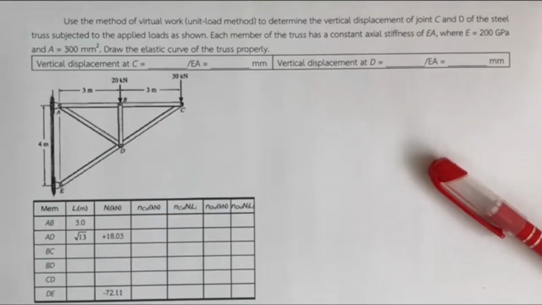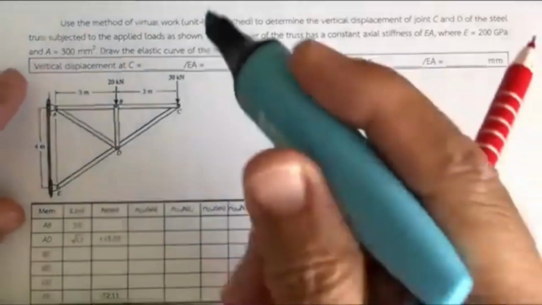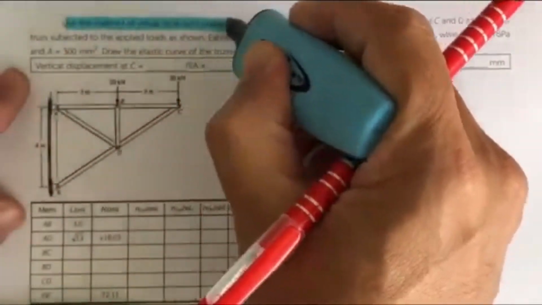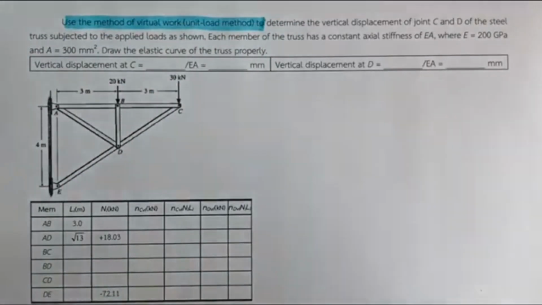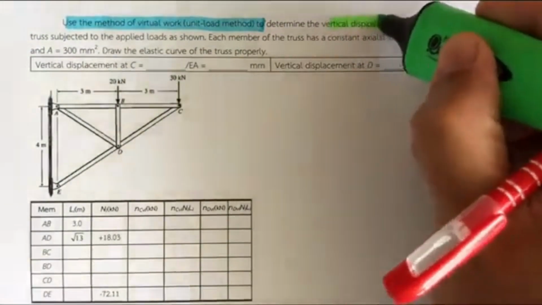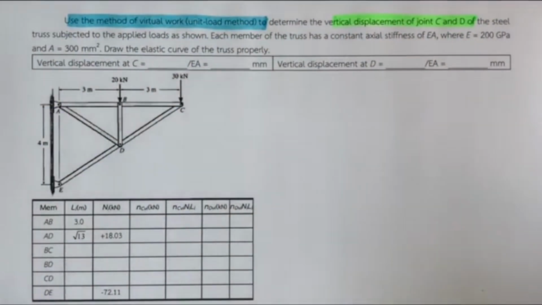We are going to work on the analysis of the truss. In these clips, Ajahn will use the method of virtual work, which we may call the unit load method, to determine the vertical displacement at joint C and joint D of this truss.